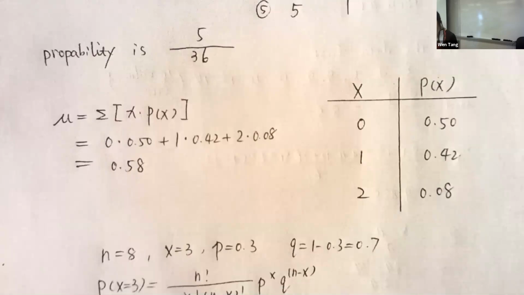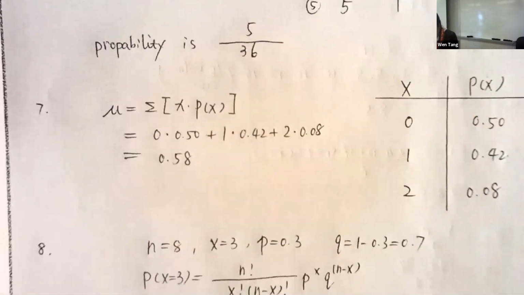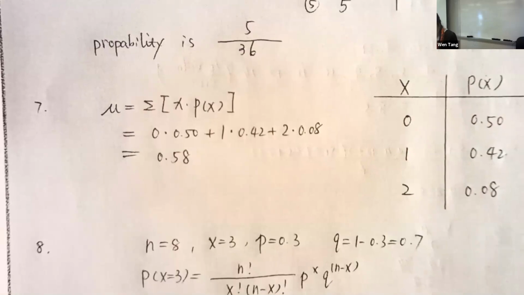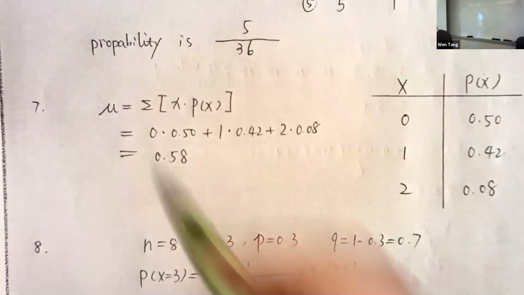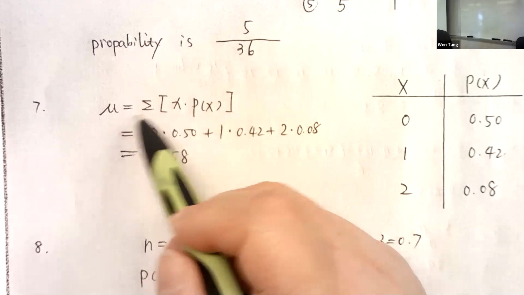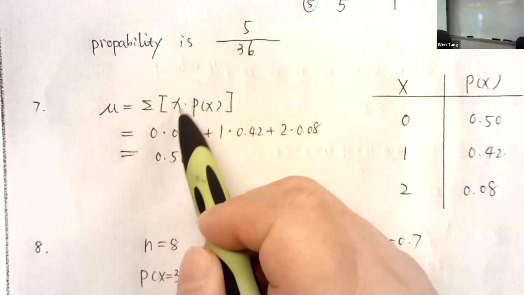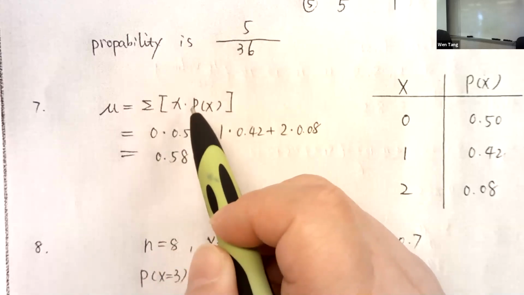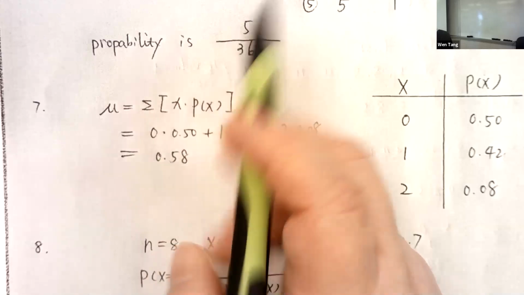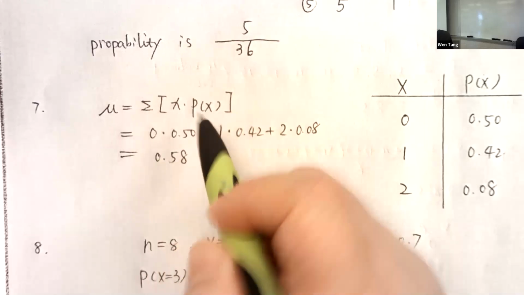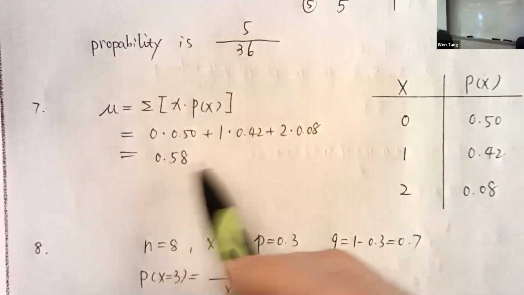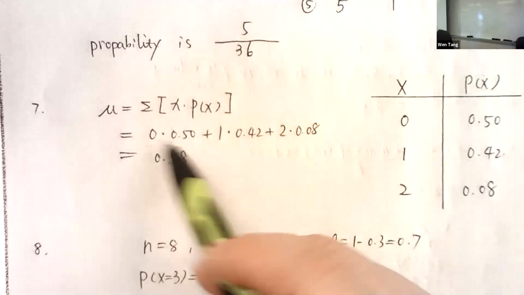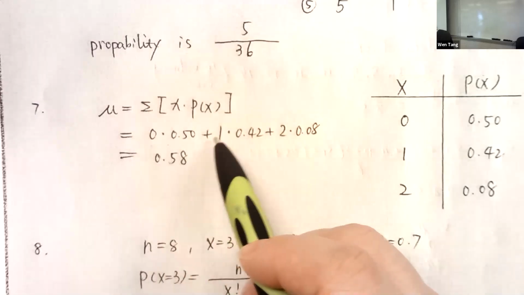Now, from this question, we know we want to find the mean value. So you're going to use the mean formula for the probability distribution: sigma x times p(x). First, we find the product for each x and its corresponding probability. After we get the products, we find the sum.